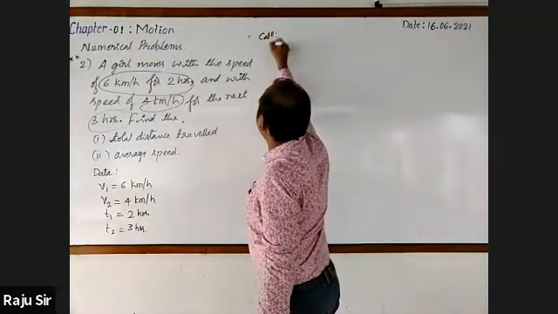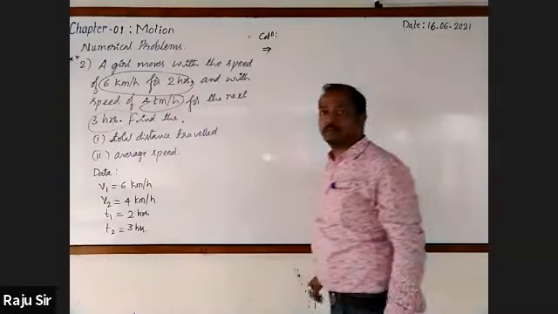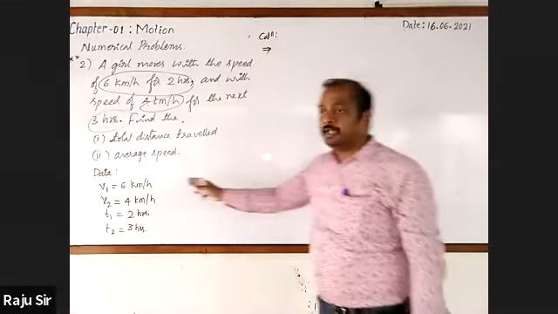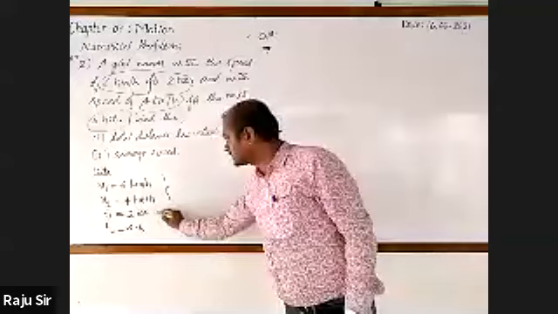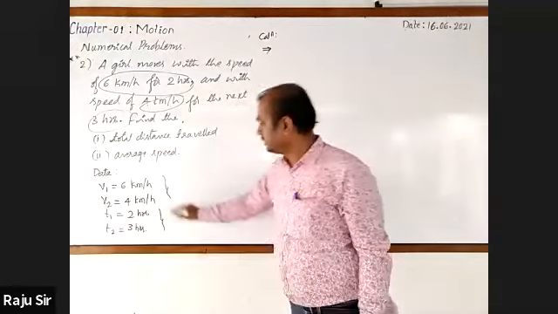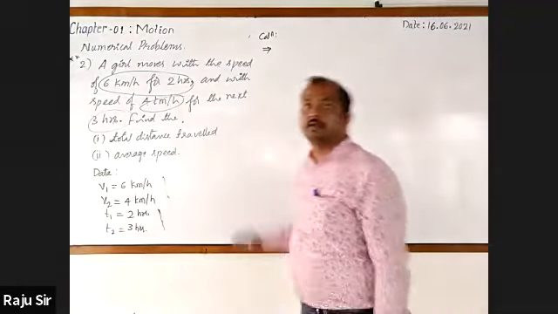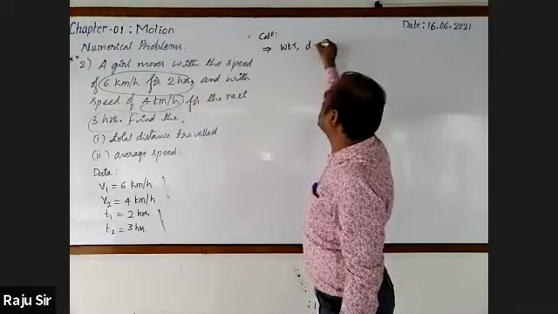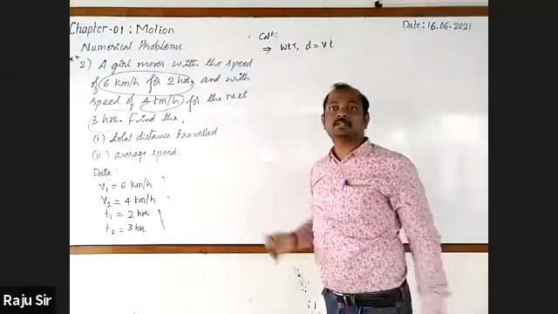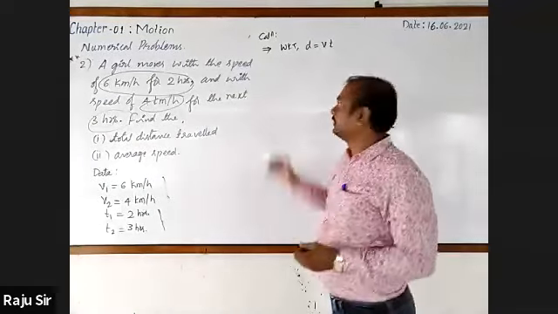Calculation. I'll go for finding the total distance. Let me find out the distance covered in first case, distance covered in second case. We know that d is equal to v into t. Distance is equal to speed into time.